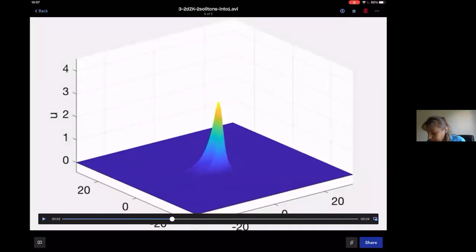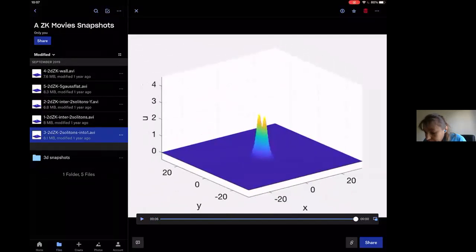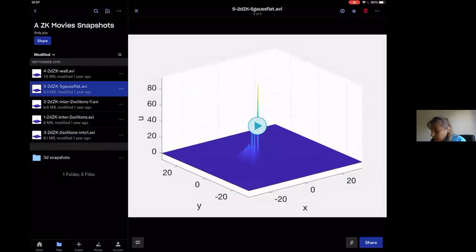If the solitons are separated apart, as was shown in some of the theoretical works, they will just travel and keep the shape. But when they're quite close to each other, and here we really take them quite close, then they basically see each other, form a joint soliton, and then spit out the radiation. Okay, something else I wanted to show here. Yeah, so I guess this is nice.